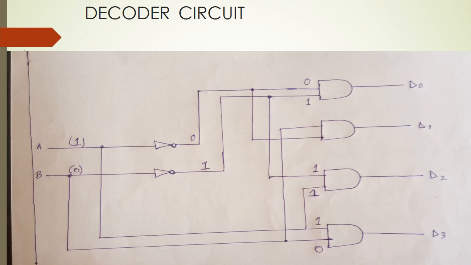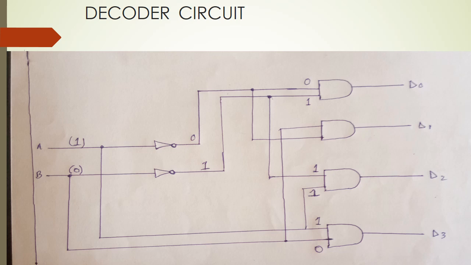So let's look at our output. Our outputs are represented as D0, D1, D2, and D3. If any of the outputs is high, then the others should be low.